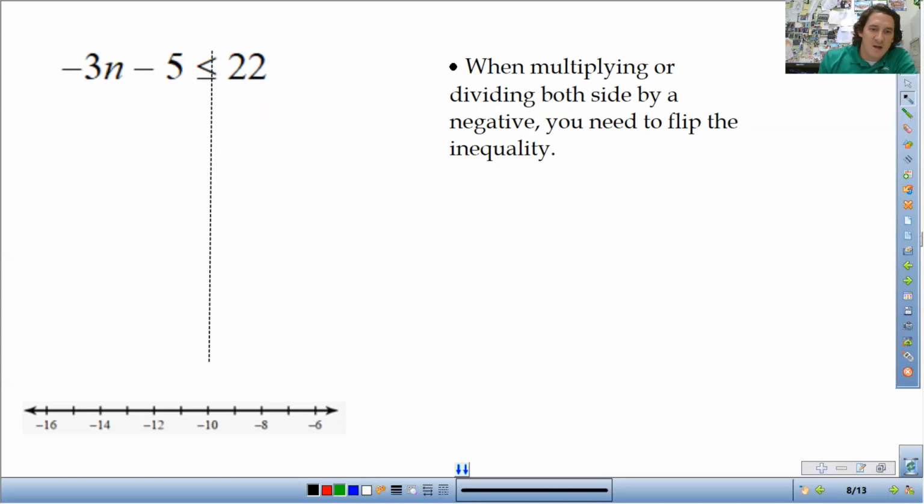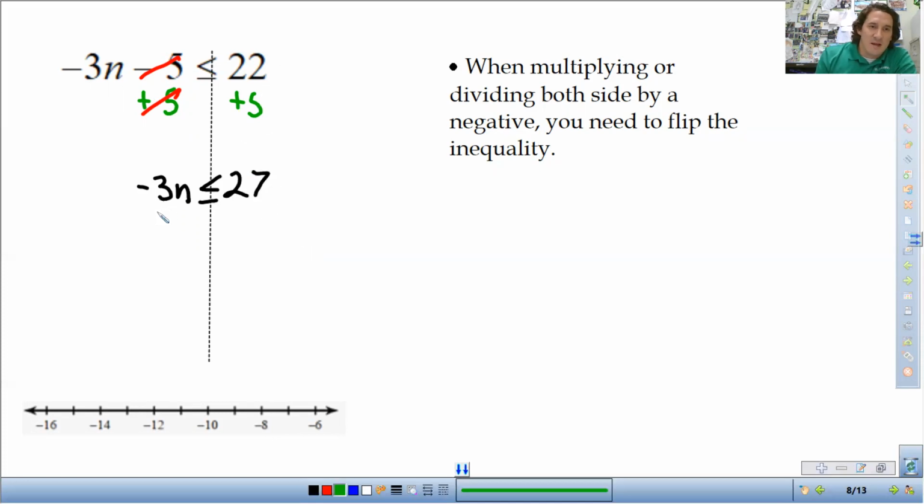Start off solving like a normal inequality or equation. To eliminate the -5, I'm going to add 5 to both sides. -5 plus 5 cancels out. So I get -3n is less than or equal to 22 plus 5, which is 27.